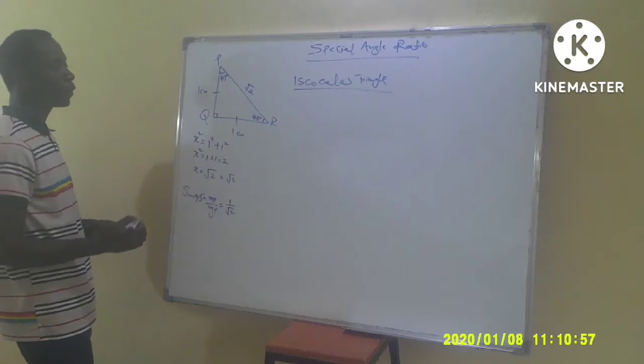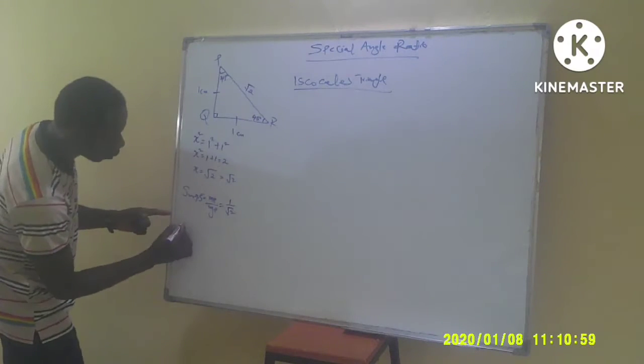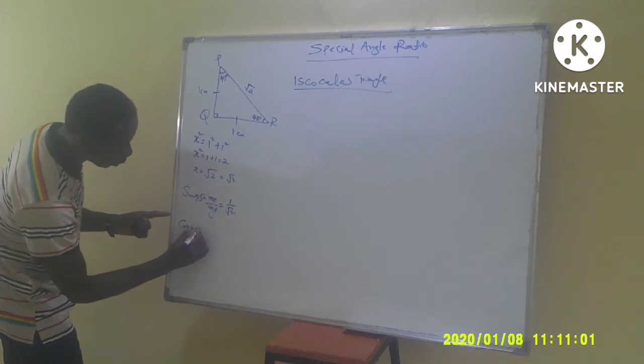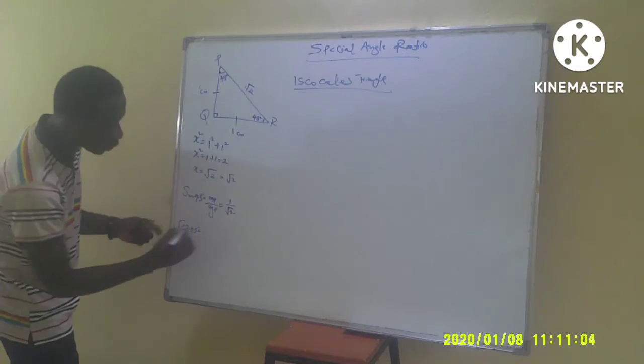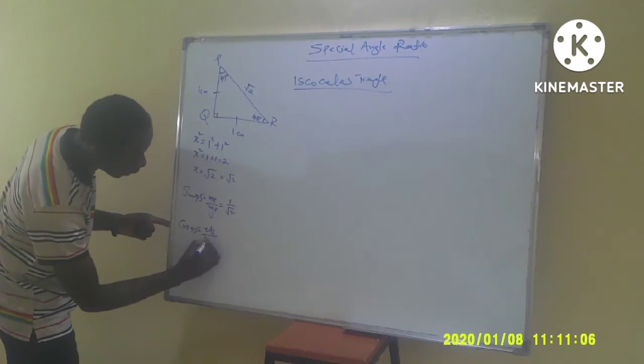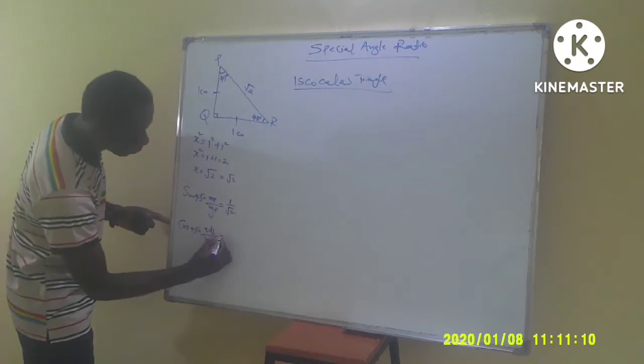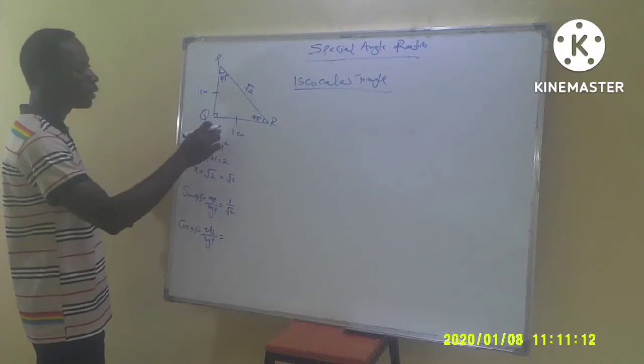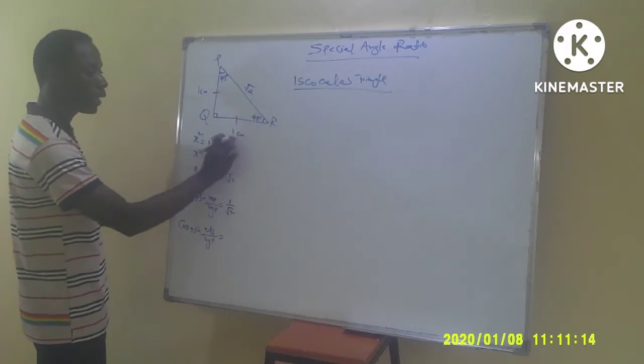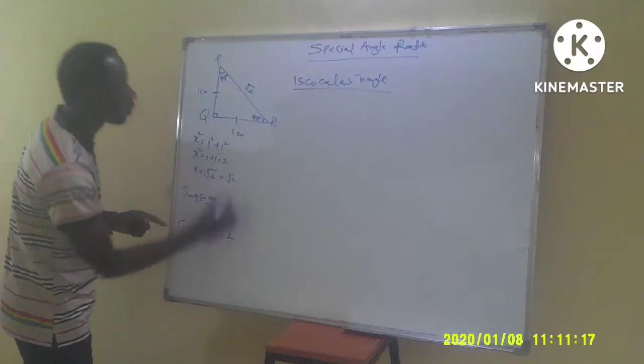So let's go to cos 45. Now let's still consider this place. We have cos 45 is equal to, what is cos? Cos is adjacent over hypotenuse. So what's the adjacent side? This is the adjacent side of this angle, which is 1. Then the hypotenuse is root 2.